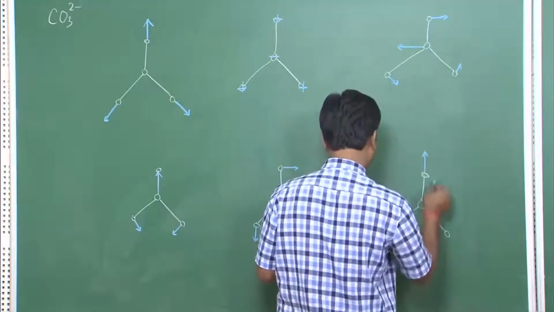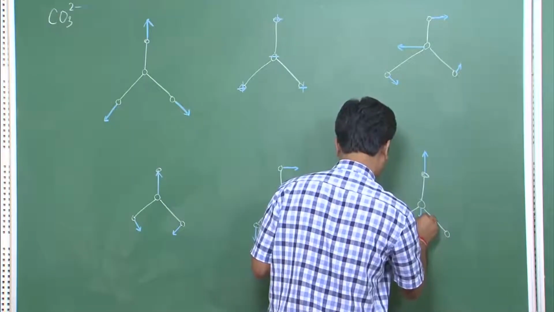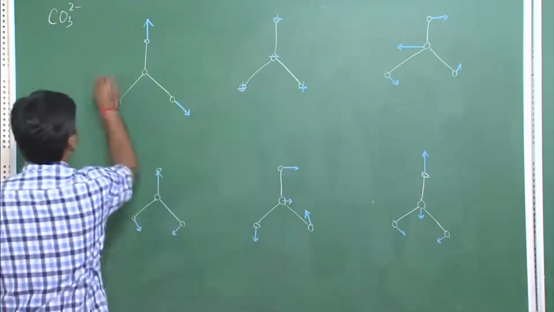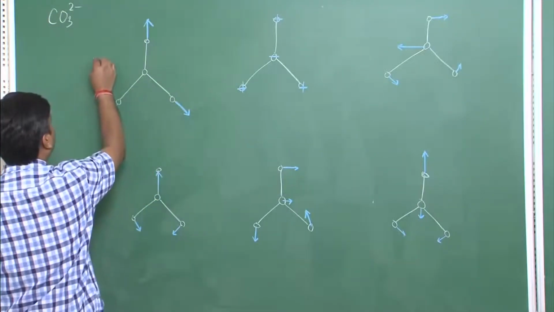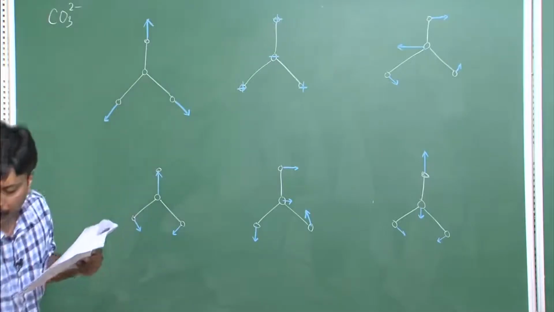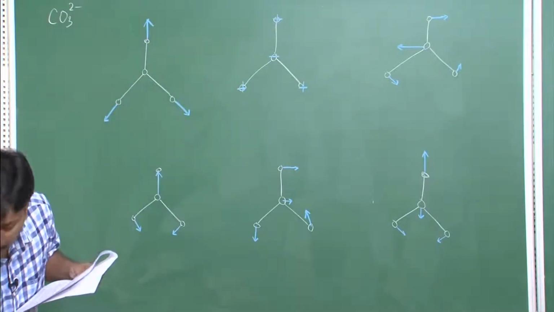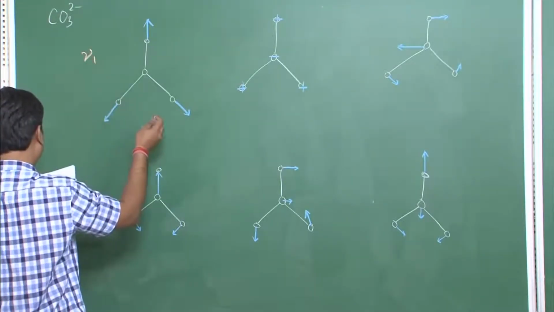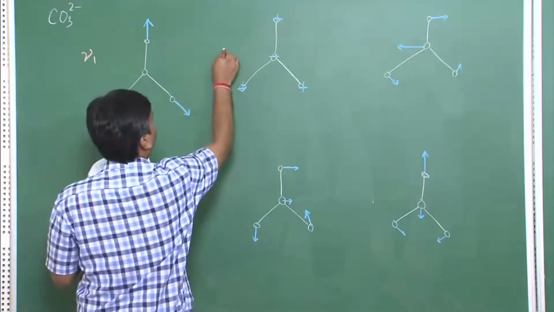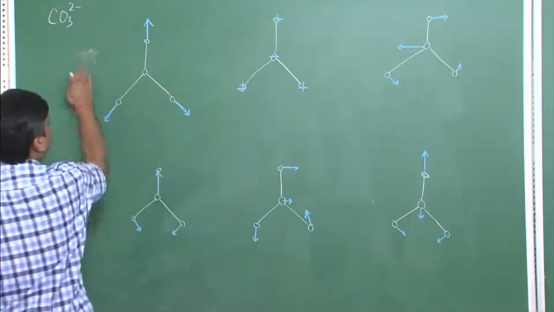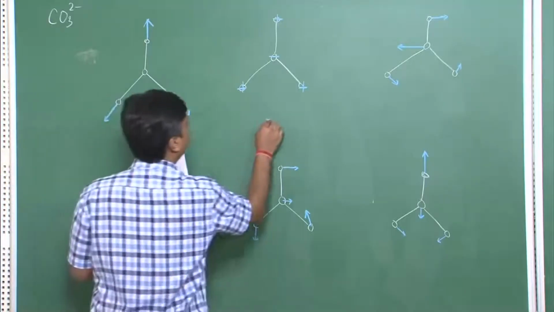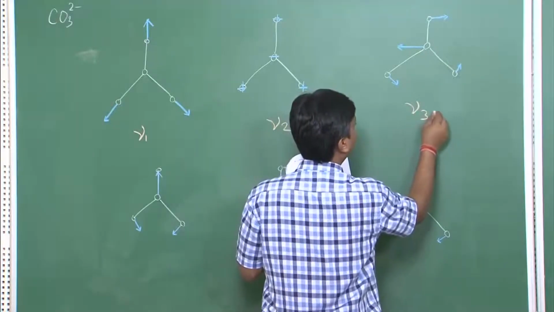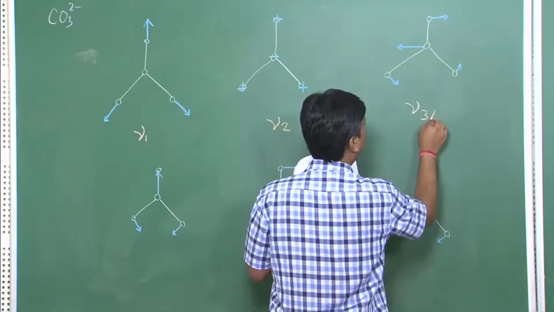And then the last one, okay, and we will also give these motions their frequencies, because these are vibrations. So we will have nu 1, nu 2, nu 3, and we will call this nu 3a.